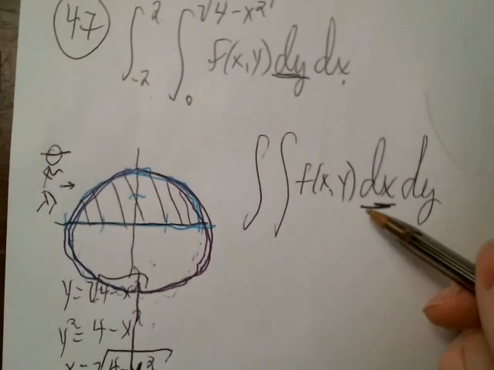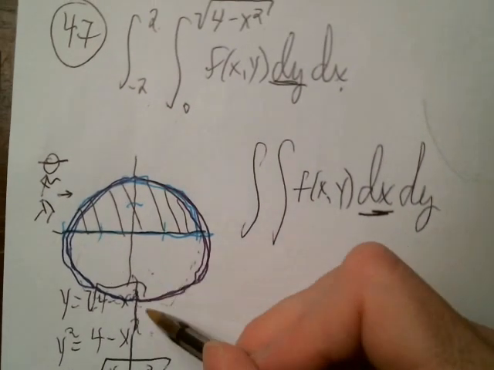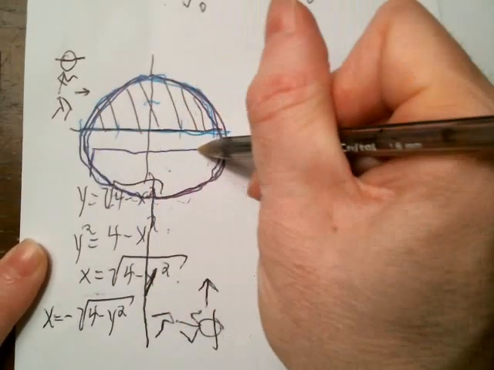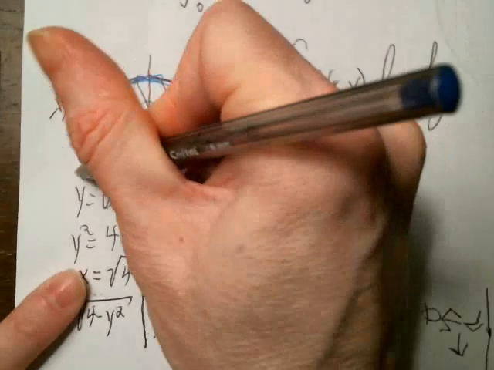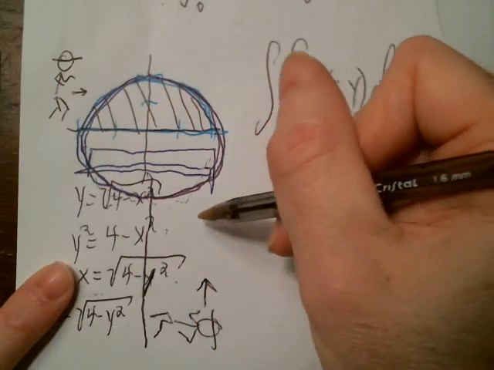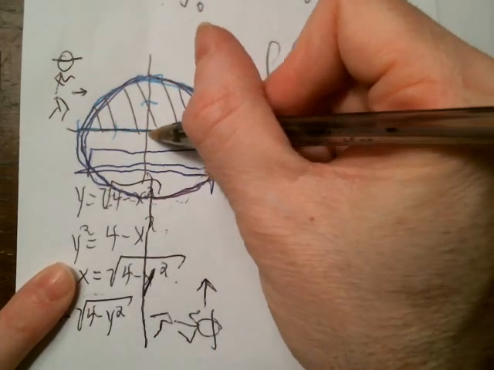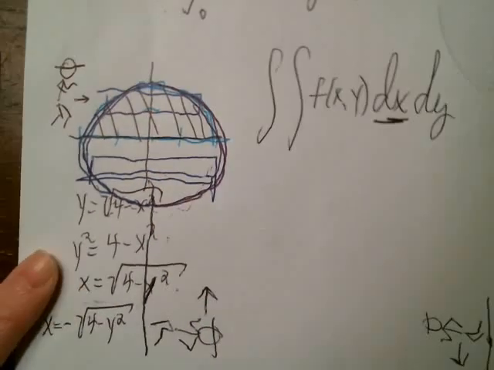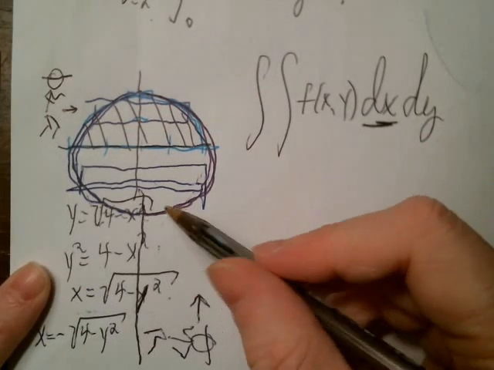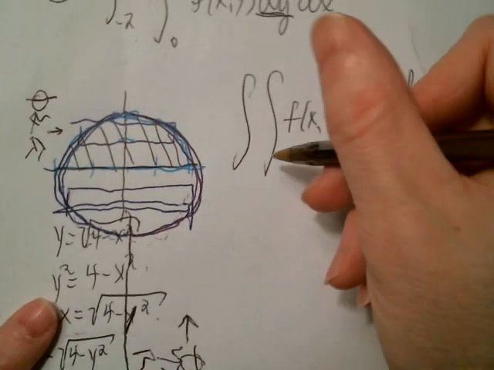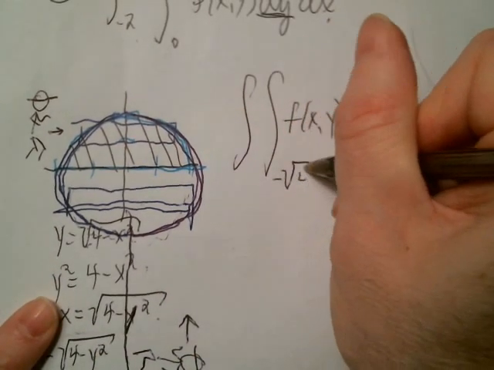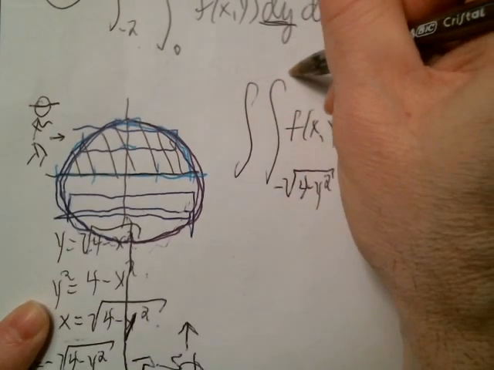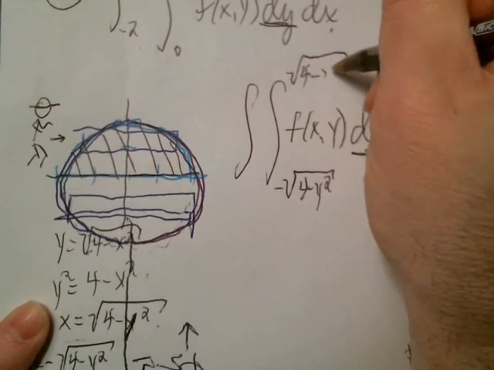So when I go for x, it'll be the curve x. The running man is collecting areas between these two different curves here. He's collecting these rectangles, going from here to here now, and that will give me those rectangles. So the bottom curve in this orientation is going to be the negative square root of 4 minus y squared, and the top curve is going to be the positive square root of 4 minus y squared.